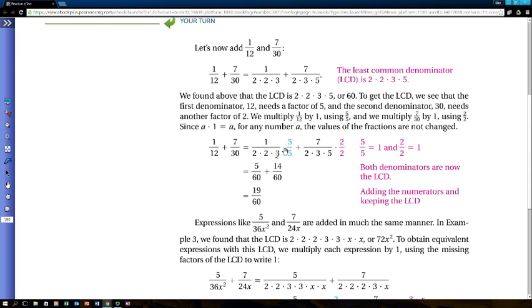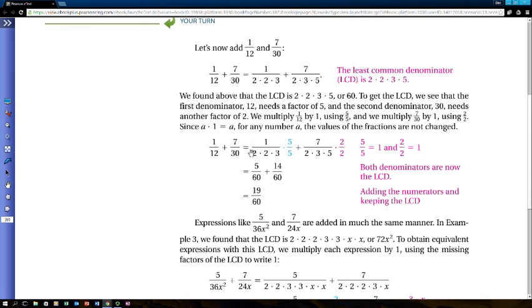So I need to put a 5 in the denominator, but I can only do one kind of multiplication that doesn't change the value of anything, and that's multiplying by 1. If I put a 5 in this denominator, I have to put a 5 in this numerator right here, which then is equal to 1, but I end up with 5 over 60.